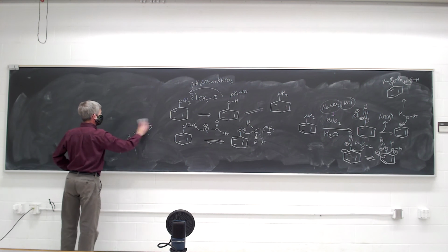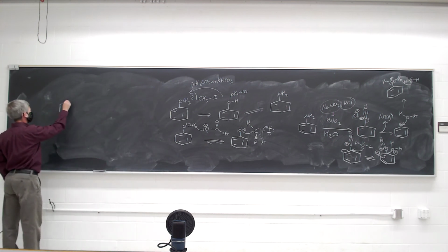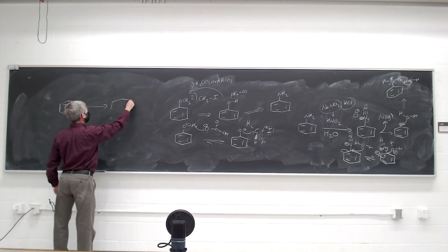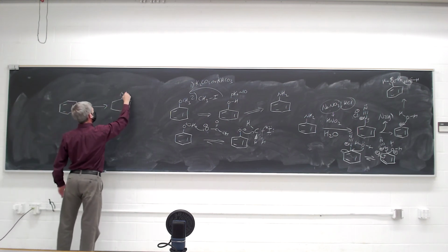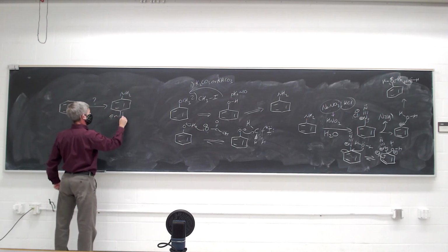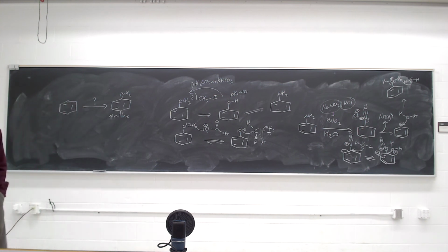So how do we make aminobenzene, or aniline, from benzene? So we keep simplifying the problem. We started with the problem of how to make ortho-bromoanisole, then we simplified it to, okay, how do we make anisole?